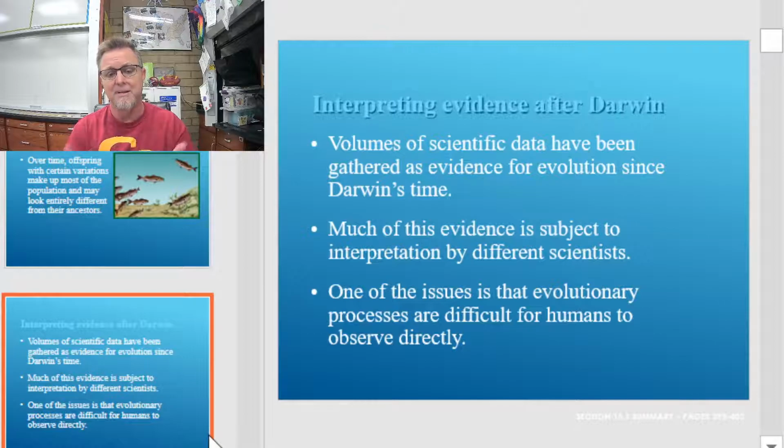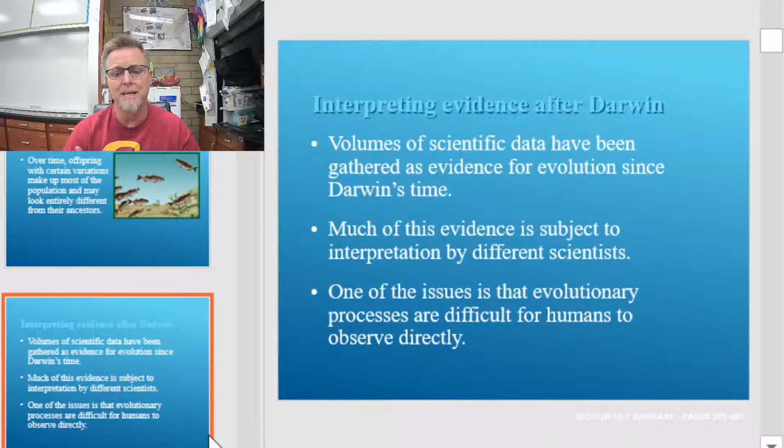Now, there's lots of other evidence that scientists have collected over time to further support and bolster Darwin's ideas. Much of this evidence is subject to interpretation, which means that everybody doesn't agree on the evidence that I'm about to propose to you, simply because one of the primary issues with evolution is we can't literally sit back and watch it happen.